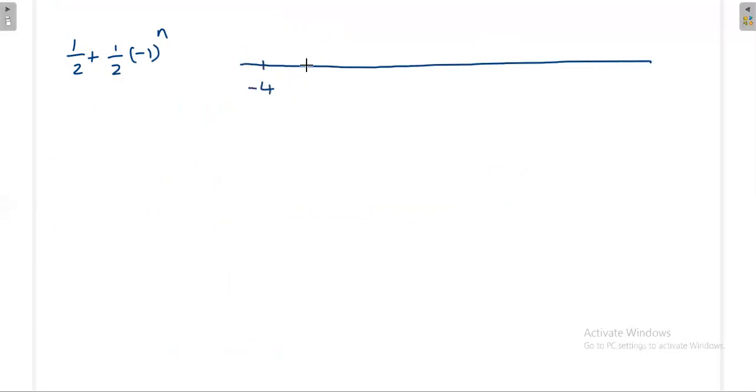But we are interested in what is our original signal range. Our original signal range is from minus 4 to plus 3. So we'll write all here: minus 4, minus 3, minus 2, minus 1, 0, 1, 2, 3. This is our original signal range. When n is minus 4, we are getting the value 1, 0, 1, 0, like that.